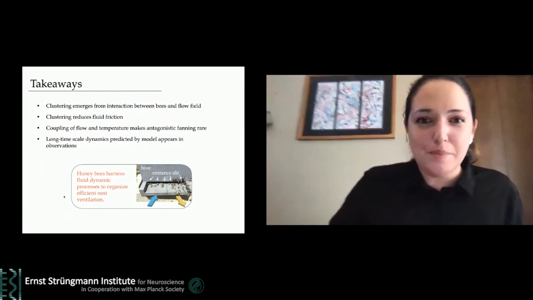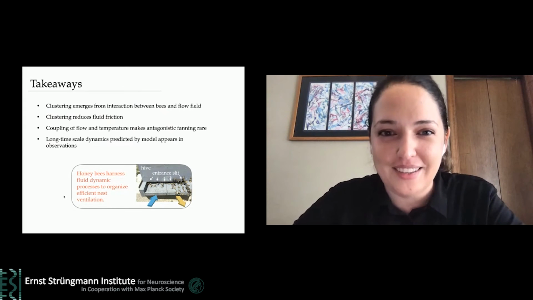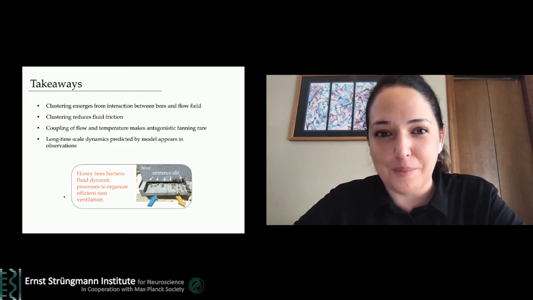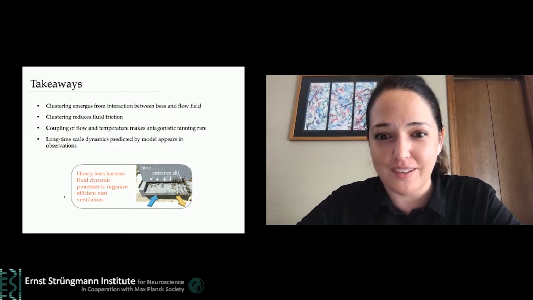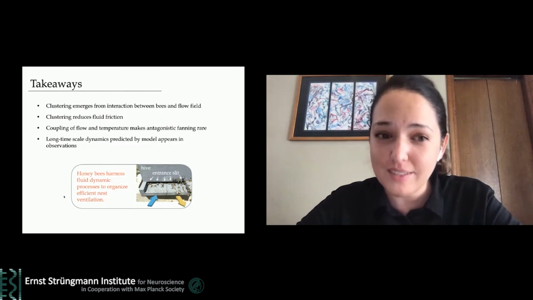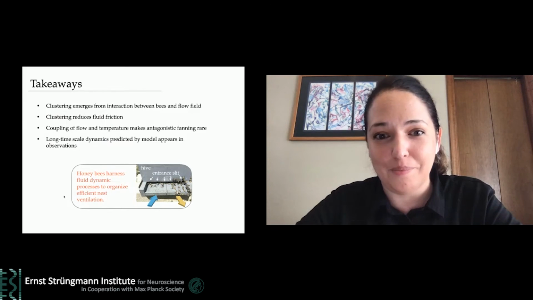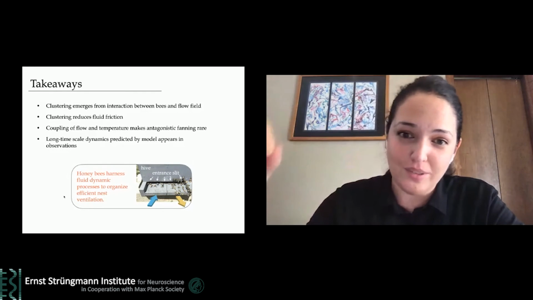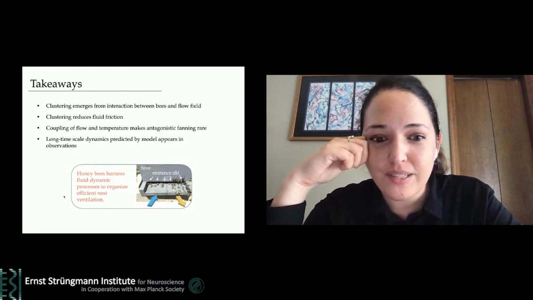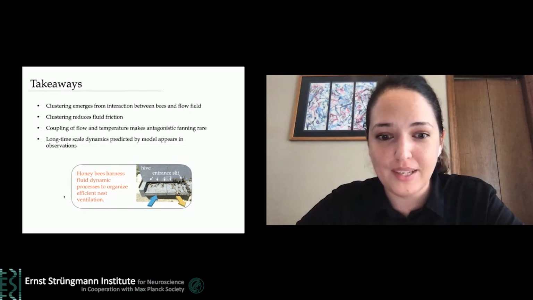Okay, so takeaways from that part: I showed you that bees cluster at the entrance of their commercial hive, and they do this to create a global airflow that helps them ventilate their hive. And what we think is going on is that bees are able to sense the local temperature at the entrance, and use that as an information source to coordinate their clustering.